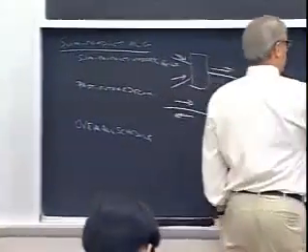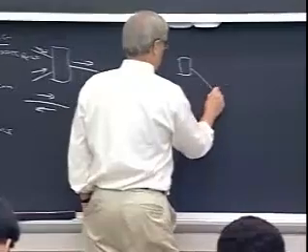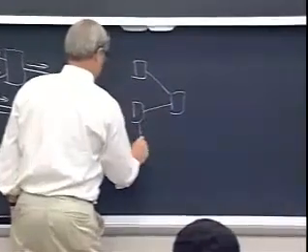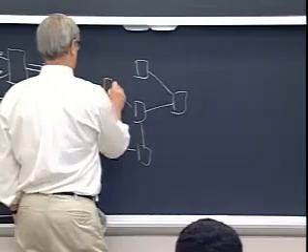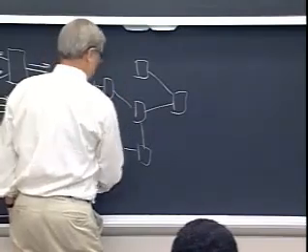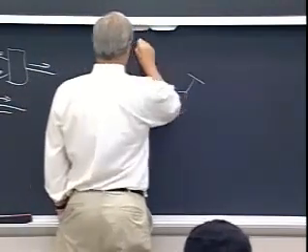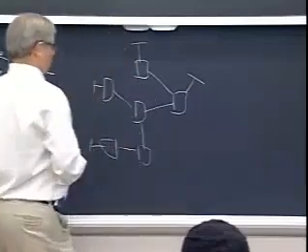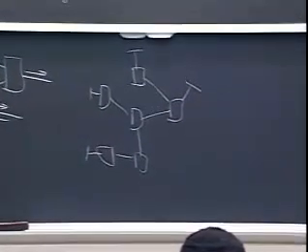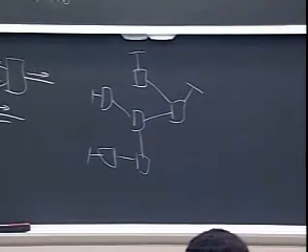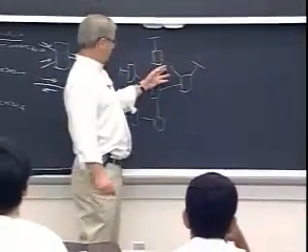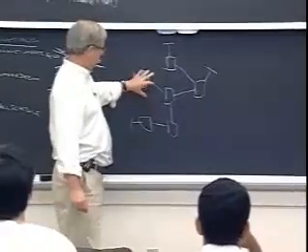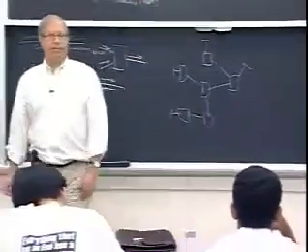So let me draw an arbitrary cycle-free graph. Okay, suppose I have an arbitrary cycle-free graph. All right, it consists of external variables out here, internal variables, and constraint nodes.